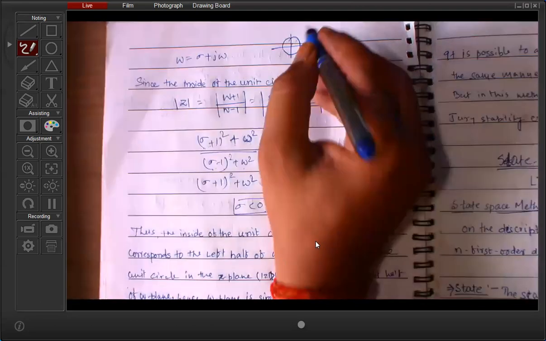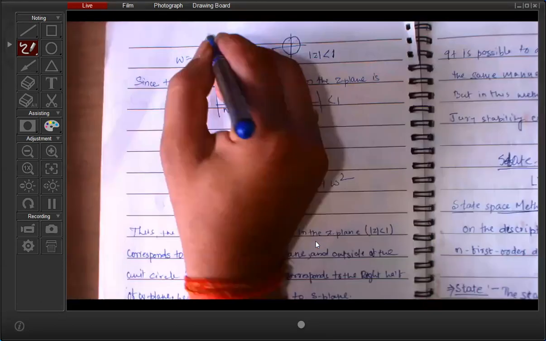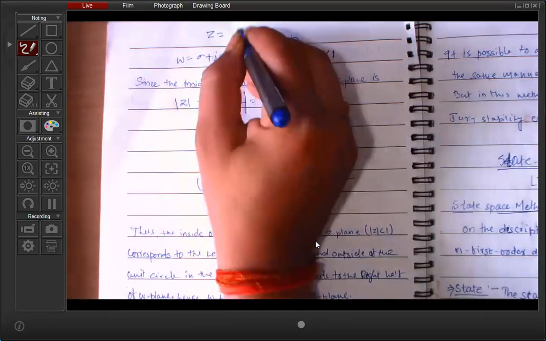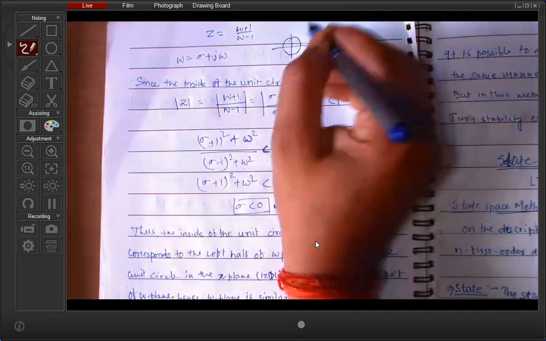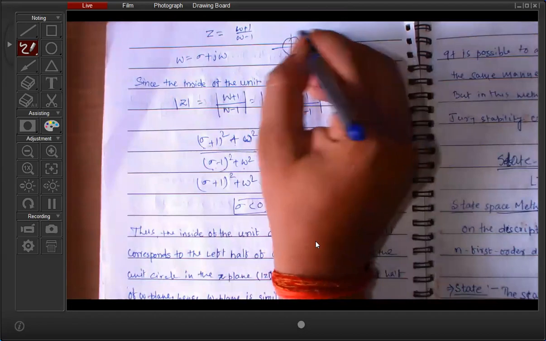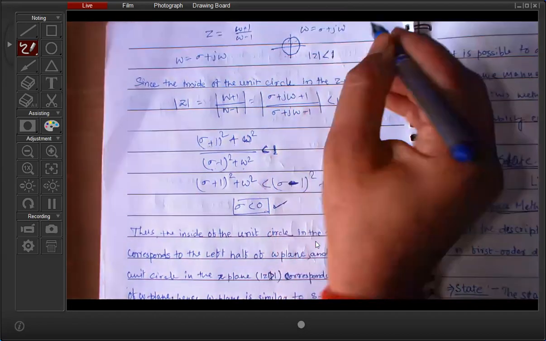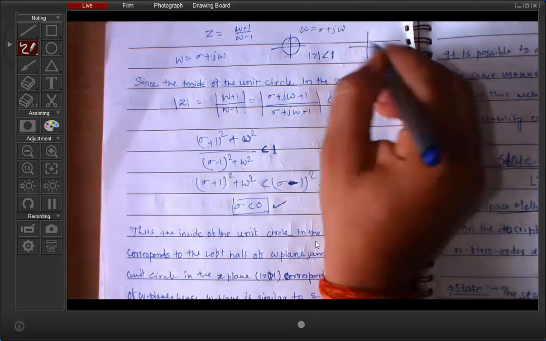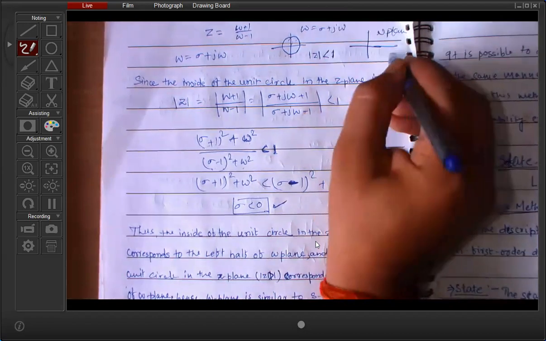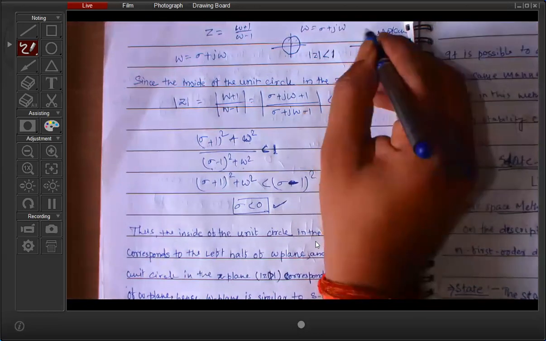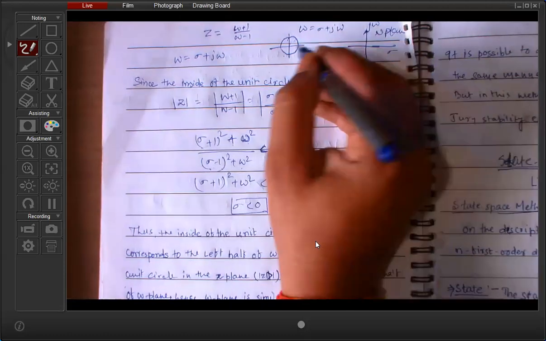That indicates, if you replace Z by (W plus 1) by (W minus 1), where W is equal to sigma plus j omega, then suppose this is the W plane, with the real part sigma and the imaginary part omega.